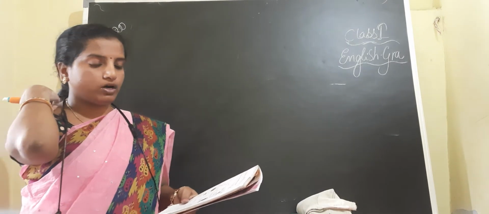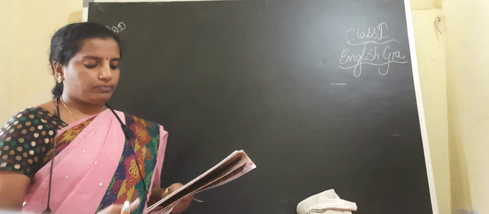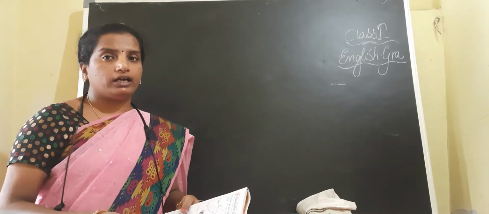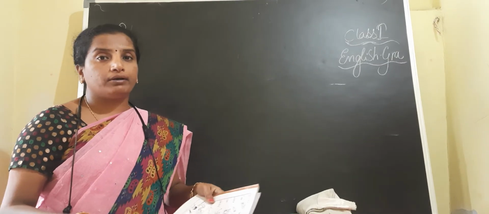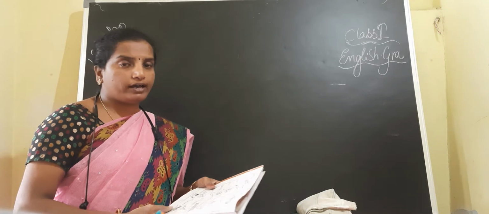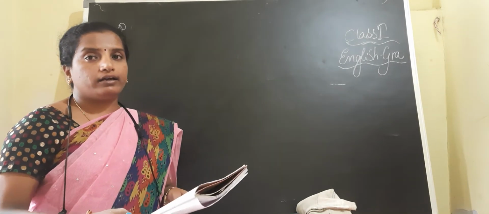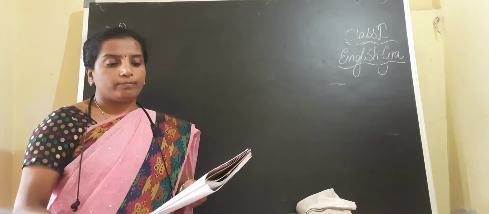I-N-K-P-O-T, ink pot. J-E-S-T-E-R, jester. K-I-N-G, king. L for lamp, L-A-M-P, lamp. M for monkey, M-O-N-K-E-Y, monkey. N-I-B, nib.